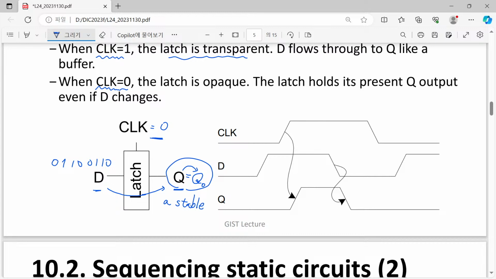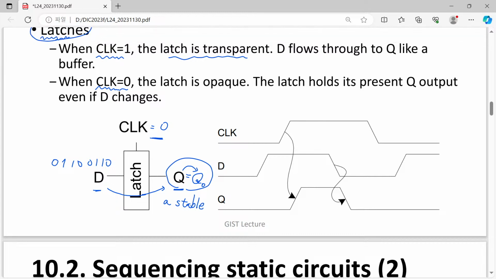For example, if we consider a tri-state, and the enable signal equals 0, then the output is disconnected from its input value. However, at that time it becomes a floating node, so we have no control over its output value.